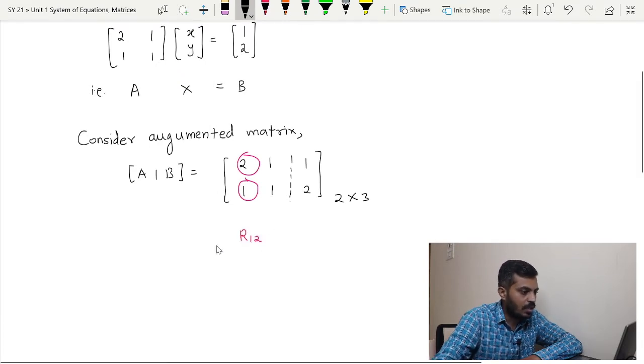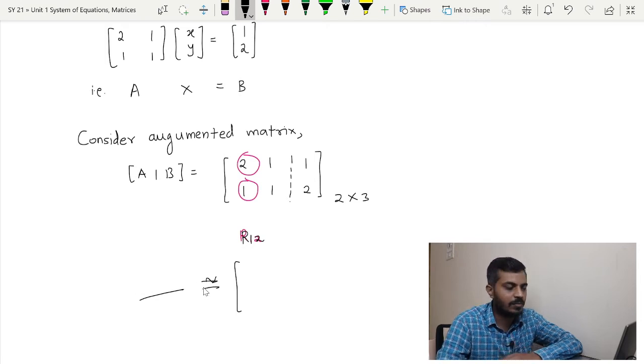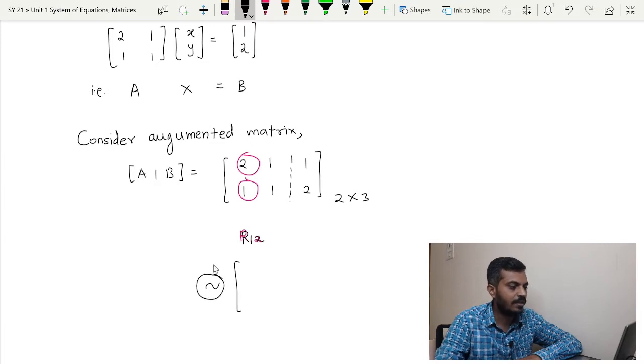So by performing R12, our matrix will be equivalent to, now whatever matrix we are getting here, don't write an equal to sign, that is completely wrong. You should write this sign. This sign indicates that these two matrices are equivalent, and we have already seen what equivalent matrices are.